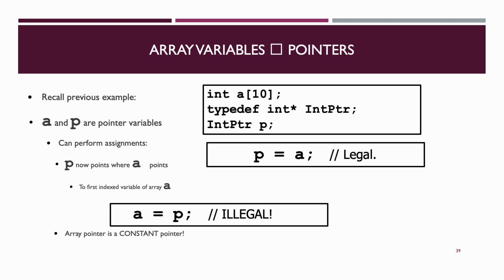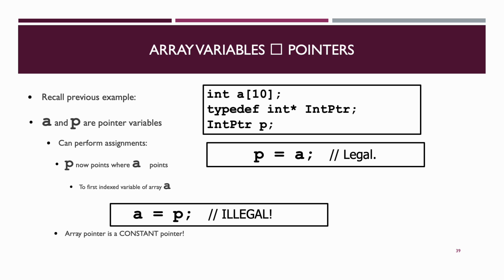If you see int a[10], typedef int* IntPtr, IntPtr p. Now a is the name of an array, which, as we have discussed in our previous slide, is a constant pointer to the first element of the array. Now p, on the other hand, is a regular pointer of type IntPtr, which is an alias of int*.